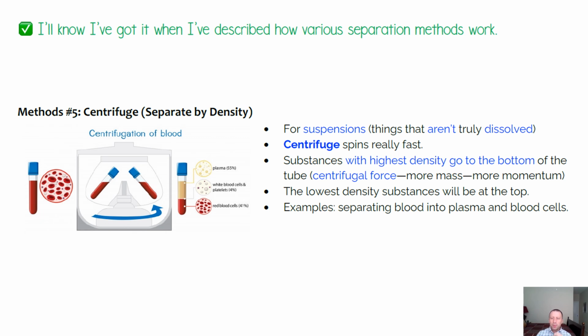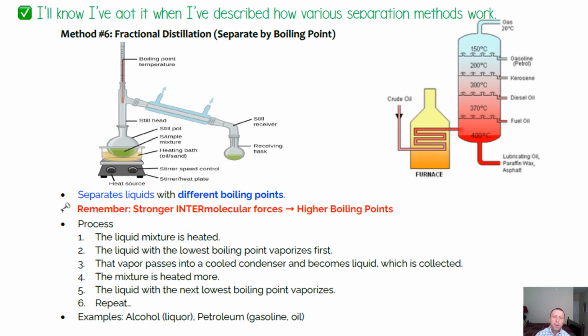And so substances with the highest density go to the bottom by centrifugal force, and the lowest density substances end up at the top. One example of when this is done every day is when blood needs to be analyzed or donated. The blood is spun down, and so the plasma ends up on top and the blood cells end up on the bottom.